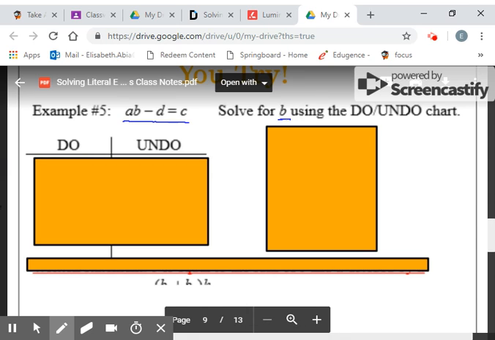So we need to get b by itself. Right now, two things are happening. It's being multiplied by a, and then whatever that product is being subtracted by d. So just like when we're solving other equations, we can't start with the coefficient. We have to start with whatever is being added or subtracted. So let's get rid of the minus d.